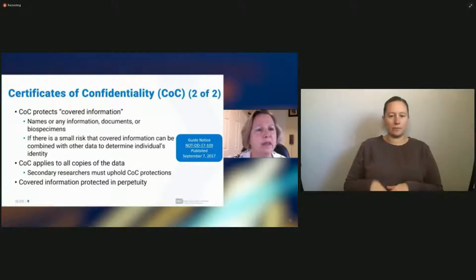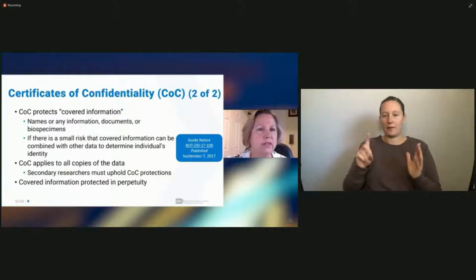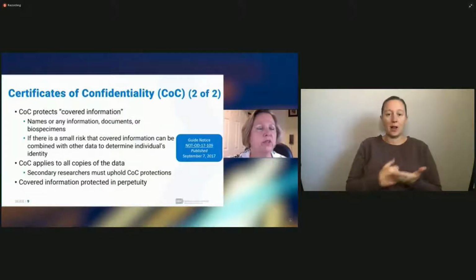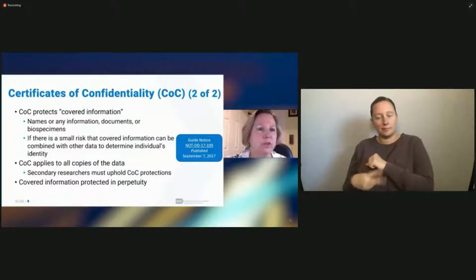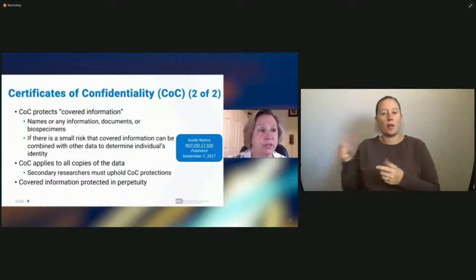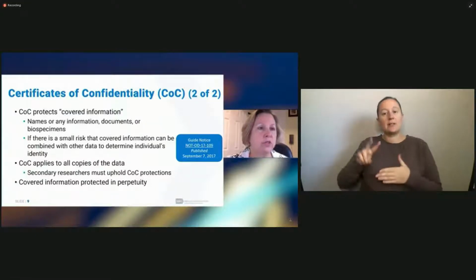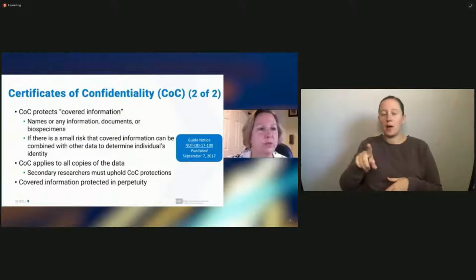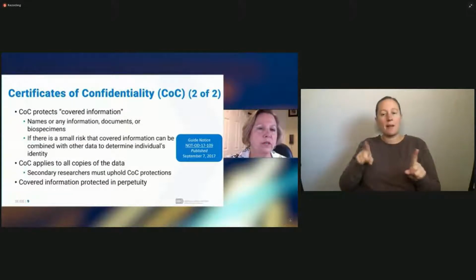Please note that the COC also applies to copies of the data. So it's not just where the data is collected, it also applies to any copies that are given to other researchers, such as secondary researchers. And note that secondary researchers not only have this information that is protected by a COC, but they also must uphold the COC protections.